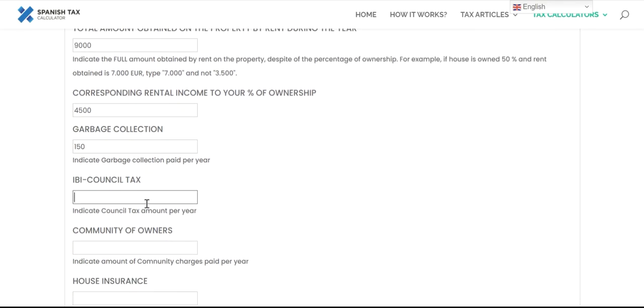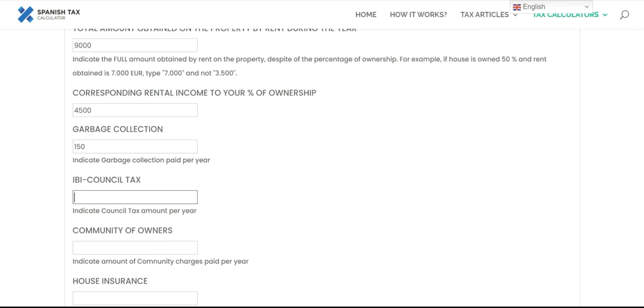So all these concepts will be considered in full, but for the declaration of the tax, it will be prorated for the 100 days that has been in activity of rent. So, okay, you don't have to prorate it. You have to include the full amount received, because this calculator will prorate automatically.